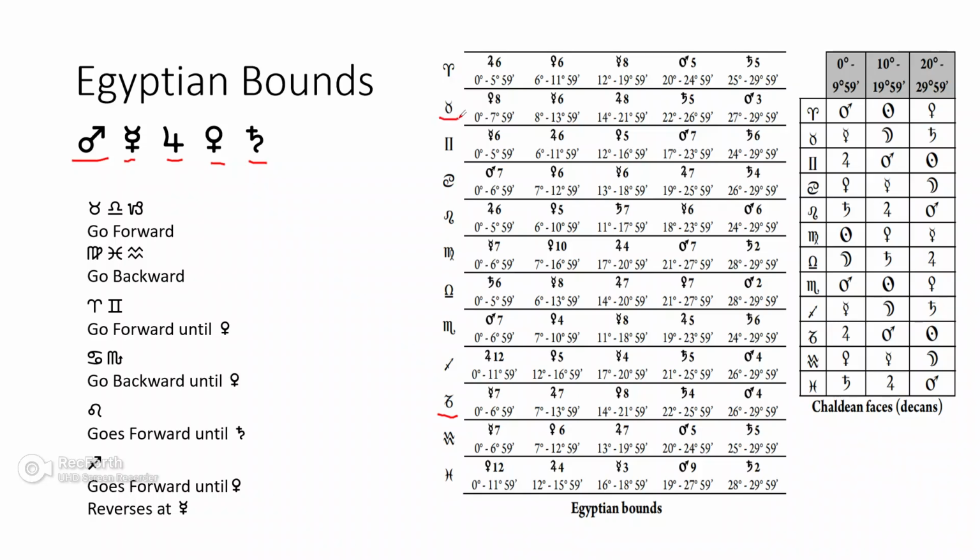So I just went forward. Taurus and Libra also do the same. Taurus starts with Venus. You can't use Saturn in the second bound, nor can you use Mars in the second bound. So instead, you use Mercury for the second bound, then goes Jupiter, then goes Saturn, then goes Mars.